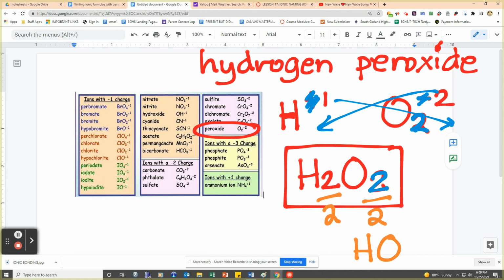Why? Remember, I told you guys that the 2 that was down there, that 2 right there, was already a subscript to begin with. I told you before, never ever touch it and never ever change it. If you divide it by 2, it turns into a 1. You changed it. So you should not do that. So the answer here is not HO.